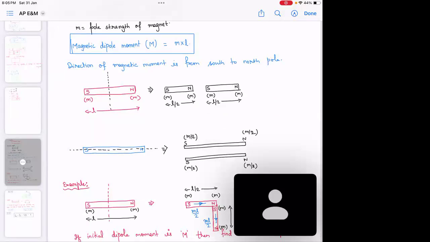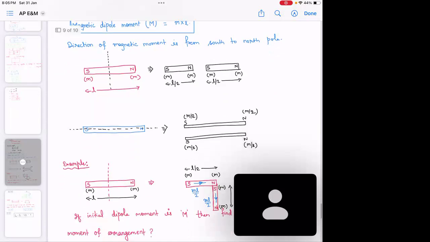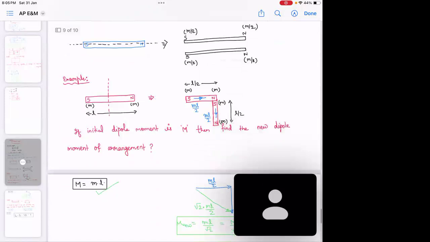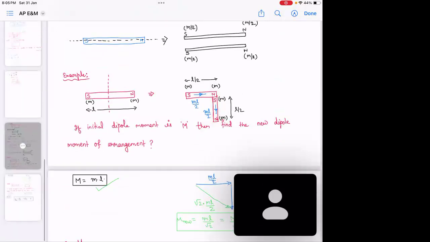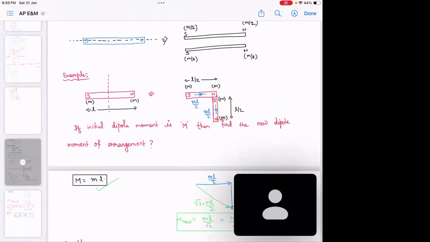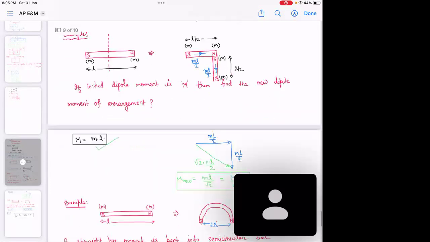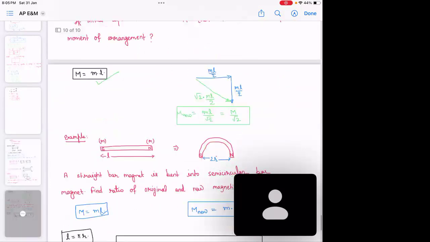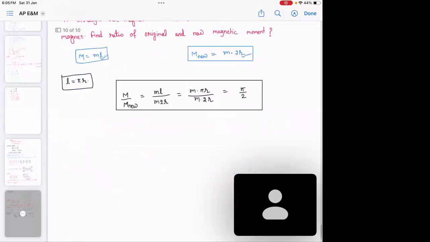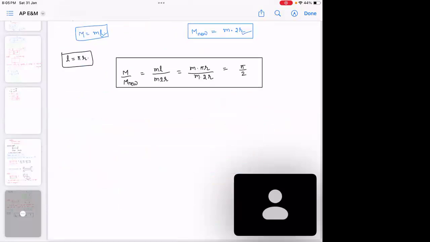The direction of magnetic dipole moment is from south to north pole. And we cannot have an isolated north or south pole. However small a magnet is, we are always going to have the north and south pole of a magnet. Even if you break it down to the micro level, the magnet will still have the north and south pole.